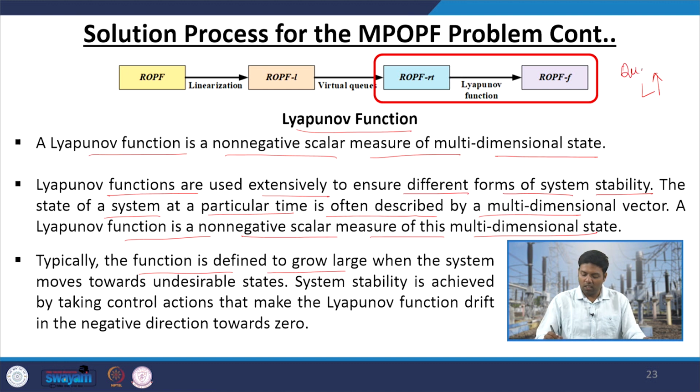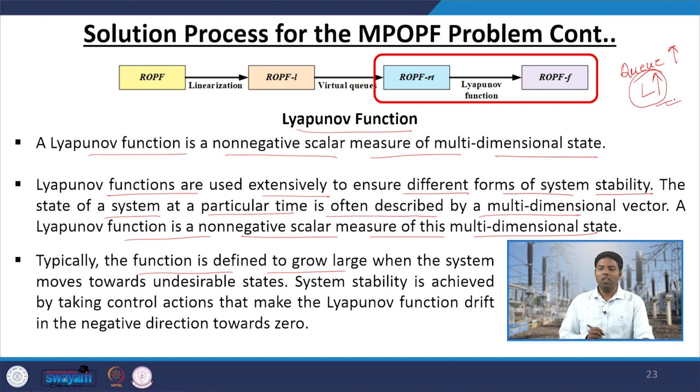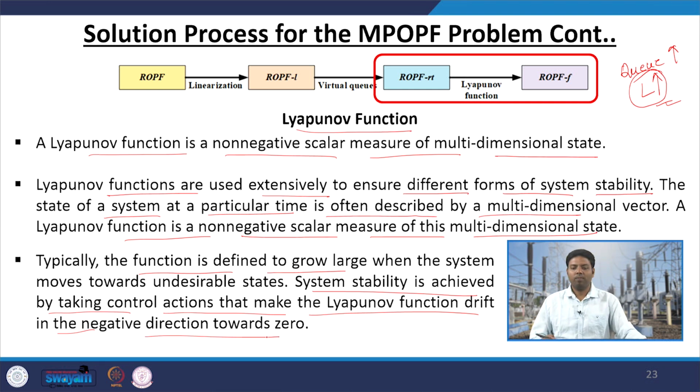When your Q length is increasing, your Lyapunov function value will also increase. And by looking at that Lyapunov function value increment, that is an alarm to the distribution network operator or the energy scheduler that your system is going to an undesirable state, and you have to restrict that increment. So, system stability is achieved by taking control actions that make the Lyapunov function drift in the negative direction towards 0.